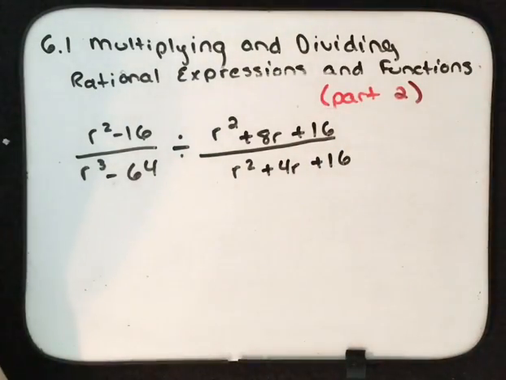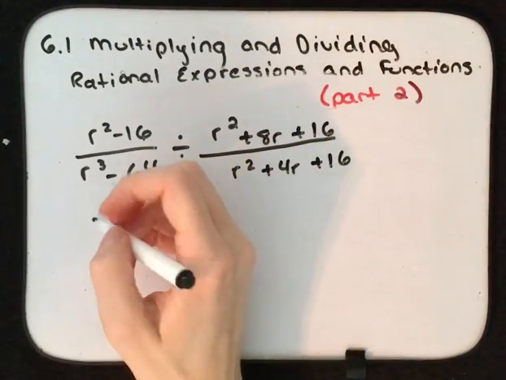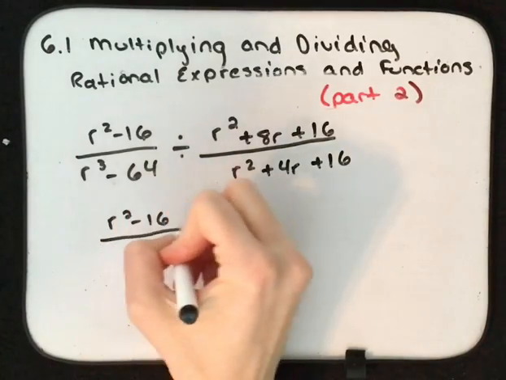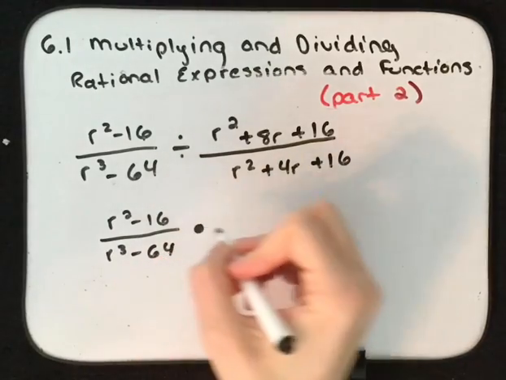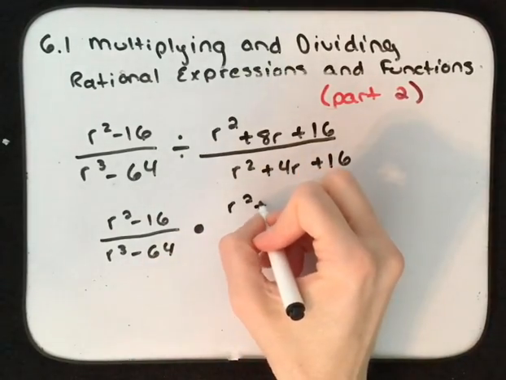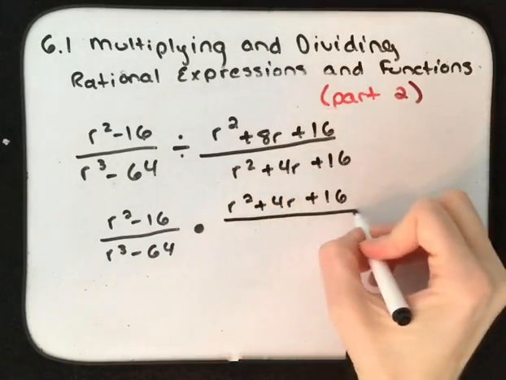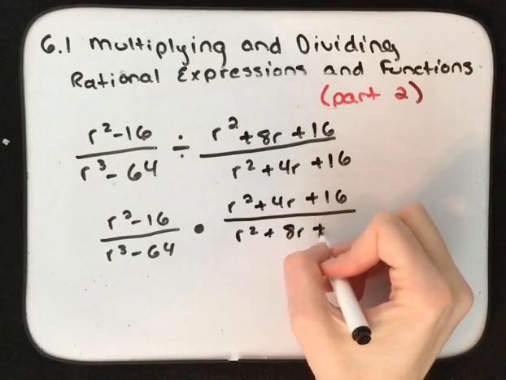So our joke, let's flip and multiply. Don't ask why, flip and multiply. So we have r squared minus 16 over r cubed minus 64 times r squared plus 4r plus 16 all over r squared plus 8r plus 16.